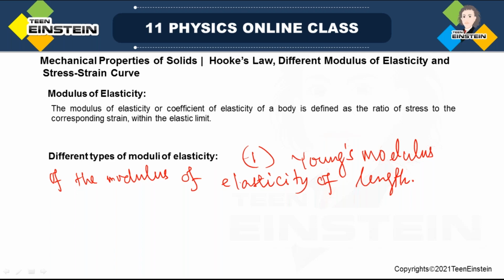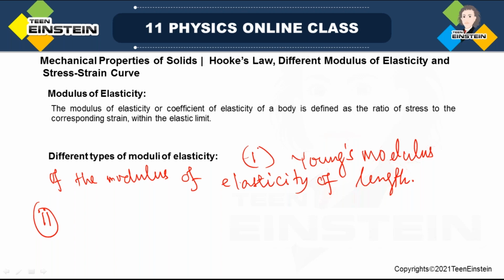So when there is a change in the length, or the strain is along the length direction, then the coefficient of elasticity or modulus of elasticity is known as Young's modulus. We will discuss it in further detail in the next slide.